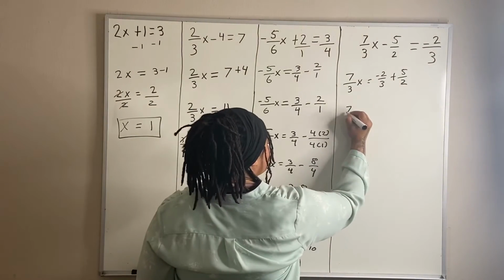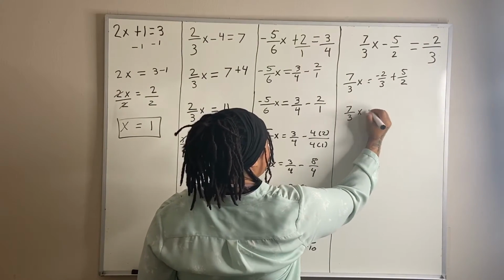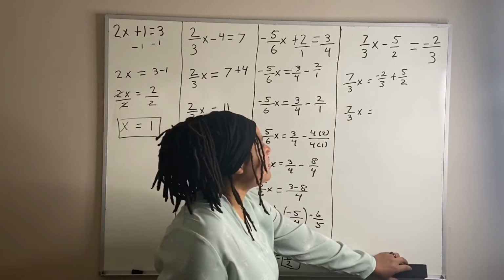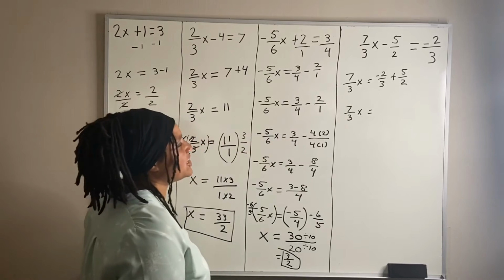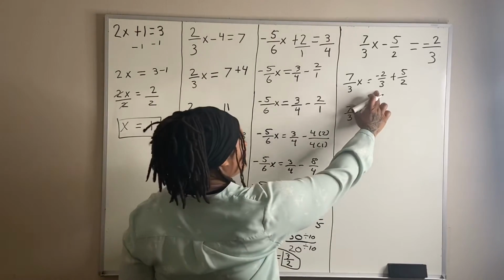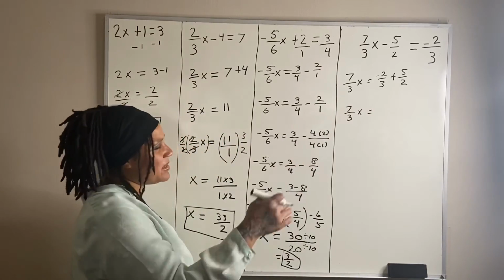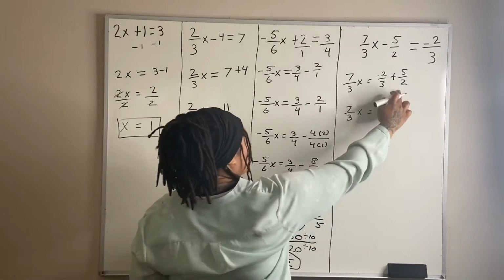So I'm going to say 7/3 x is equal to, well, I need to multiply the top and the bottom of this first fraction by a 2 in order to give this denominator a 6. And we need to multiply this fraction, the top and the bottom, by a 3 in order to give this denominator a 6.